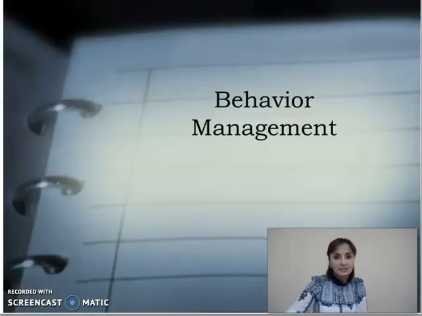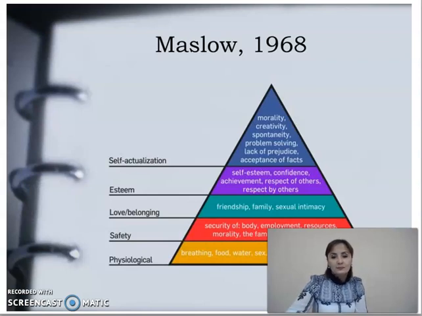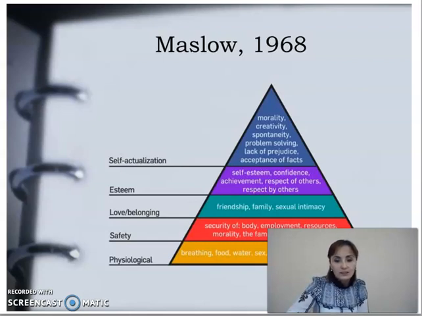Behavior management, let's speak about this one. It's Maslow's methodology. Self-actualization and esteem: it may be self-esteem, confidence, achievement, respect of others, and respect by others. Love, belonging. The next one is safety: the security of body, employment, resources, morality, the family, health, and property.